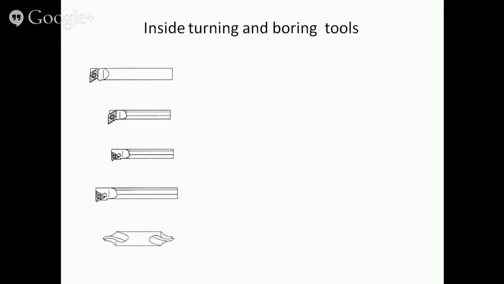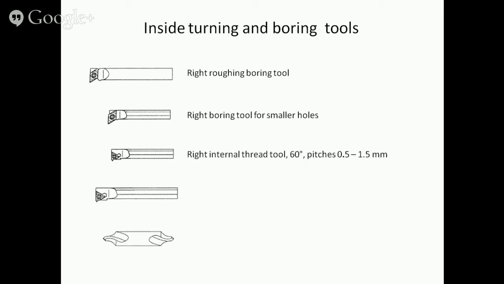These are commonly used inside turning and boring tools. A right roughing boring tool. A right boring tool for smaller holes. A right internal thread tool, 60 degrees for pitches between 0.5 and 1.5 millimeter.